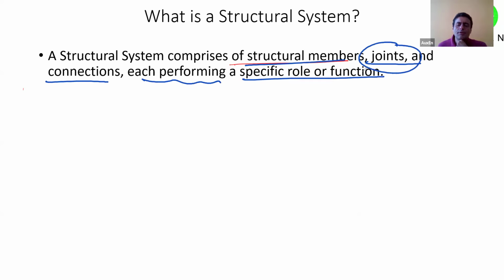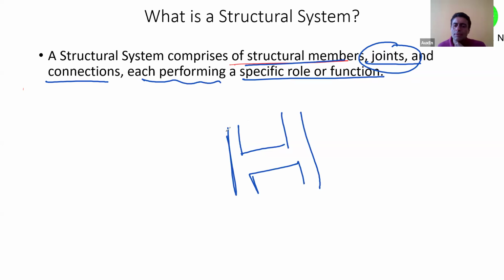So you see, joints are also emphasized, unlike our earlier thoughts. In RCC, because it is monolithically cast, we usually don't talk a lot about joints and connections.